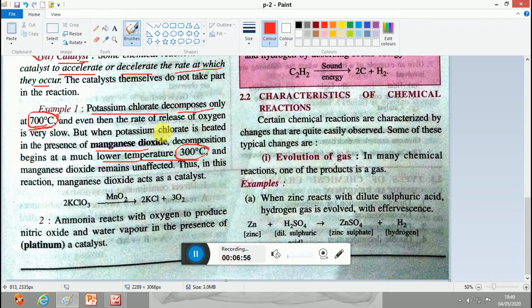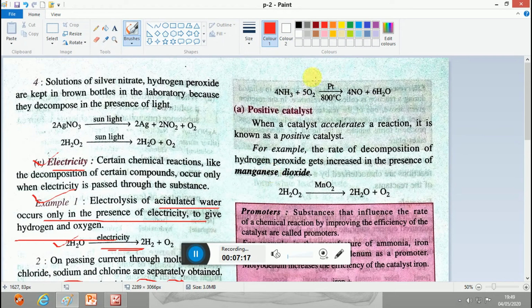That means manganese dioxide increases the rate of chemical reaction, and manganese dioxide is just the catalyst. Ammonia reacts with oxygen to produce nitric oxide in presence of platinum as a catalyst. These are very important reactions.